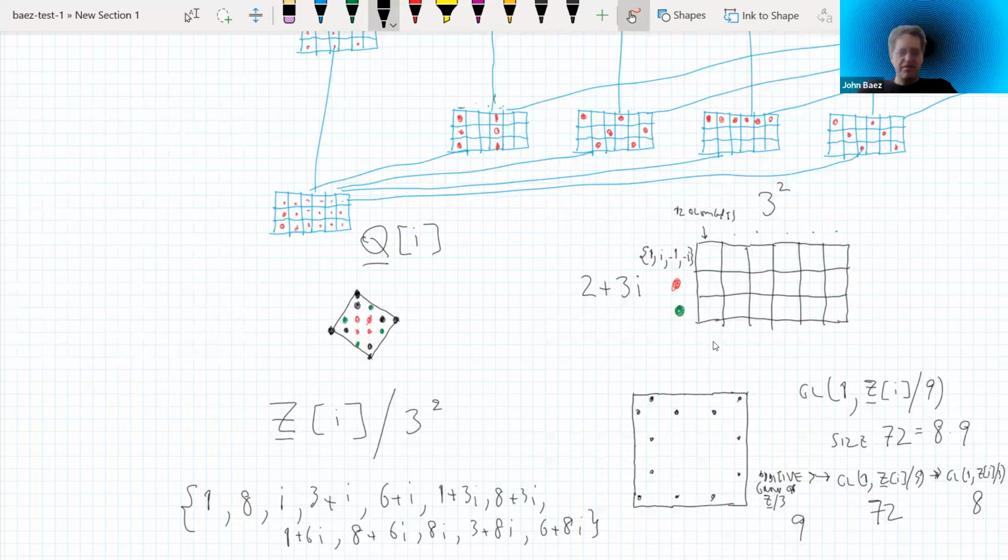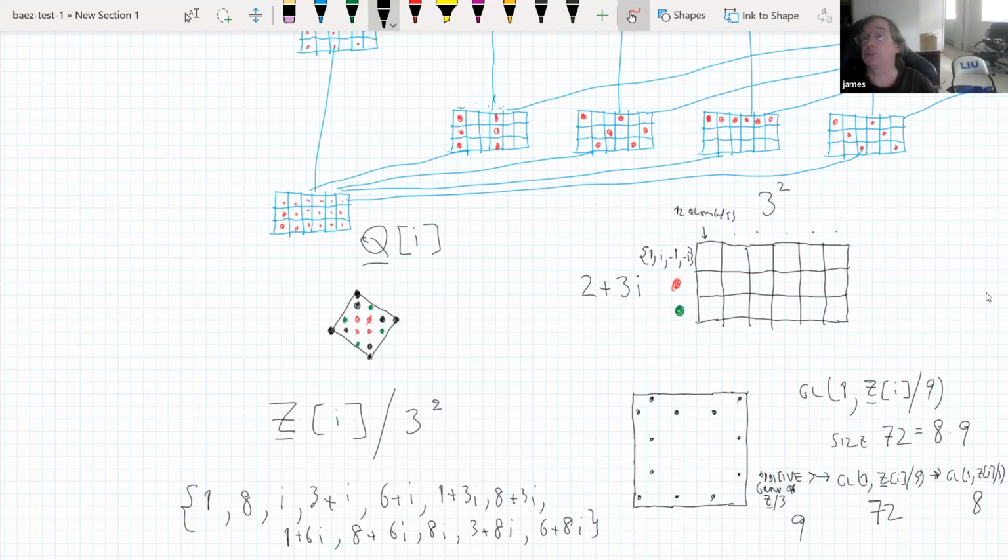And the reason we know that it's this index 6 quotient Galois group is because we're imitating in the Gaussian case what we already did in the ordinary case. But on the other hand, why is it this 12 element group? That's a good question. Why is it this 12 element group?